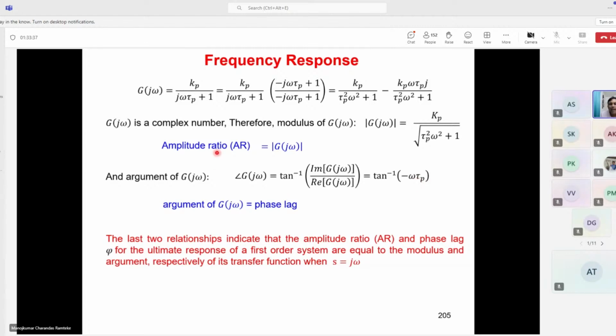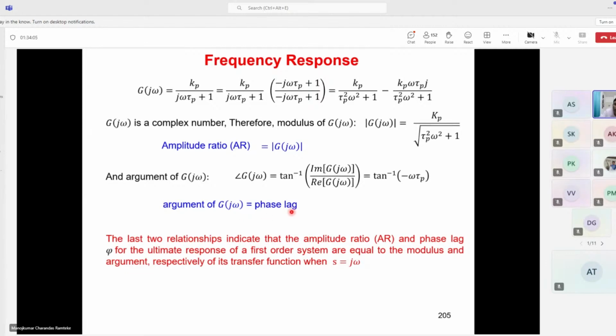So you can see that the amplitude ratio and phase angle can be obtained directly by replacing s by j omega in the transfer function and then finding the magnitude and phase angle. When I find the magnitude of G(j omega), this equals the amplitude ratio. And when I find the phase angle of G(j omega), that is nothing but the phase lag directly.